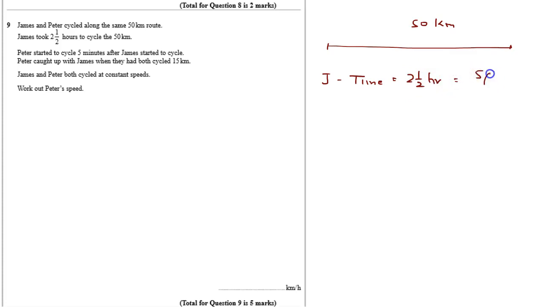It's equal to 5/2 hours. So what is the speed of James? The speed is equal to distance over time. So that is 10 multiplied 2, so this is 20 kilometer per hour.